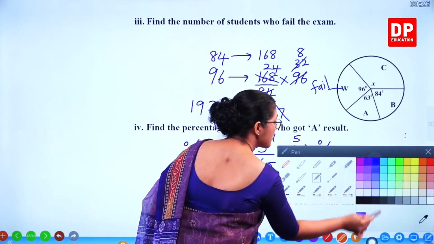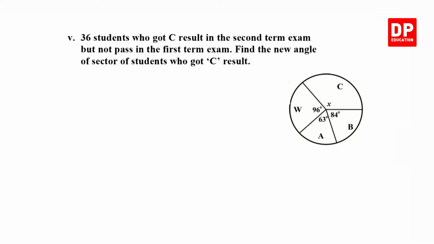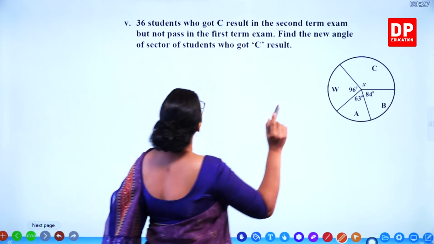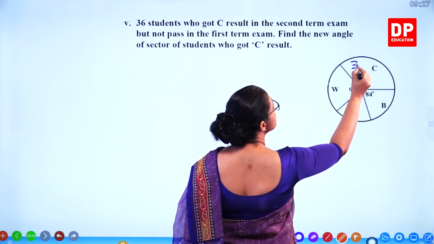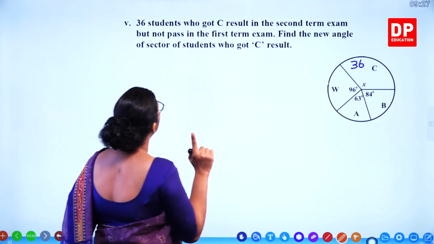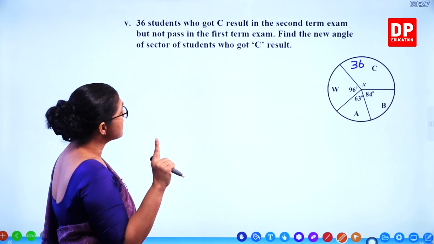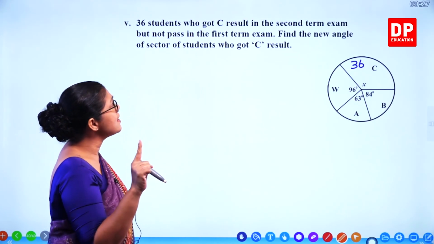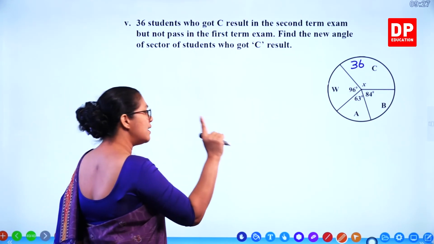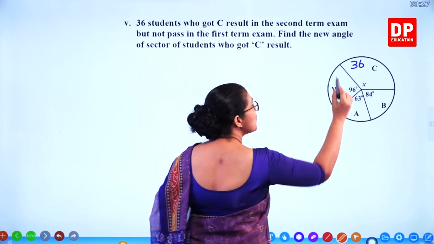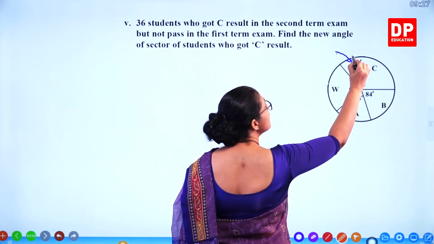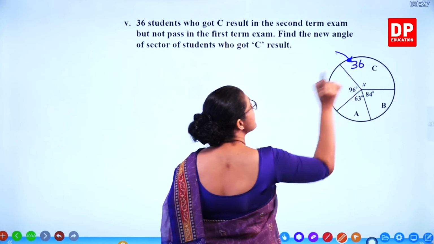Now the last part. 36 students who got C results. C is 36. Who got C results in the second term exam but did not pass in the first term exam. So earlier it was not there. So that's a new part for this section.